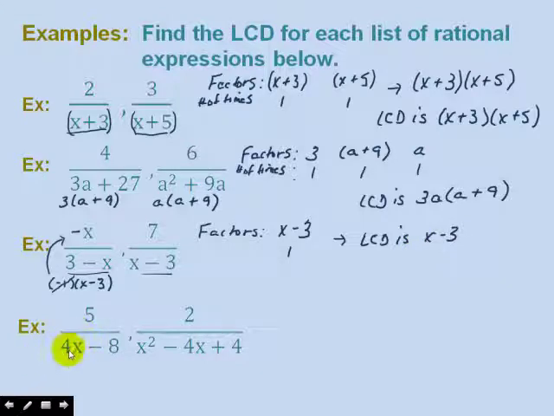Okay, last example. If we look at this first denominator, we can factor a 4 out of these two terms. So that leaves us with x minus 2. In our second denominator, since we have a trinomial, I'm going to factor this into two binomials. Since we have an x squared here, then we're going to have x and x. We're going to copy this sign down into this first binomial.